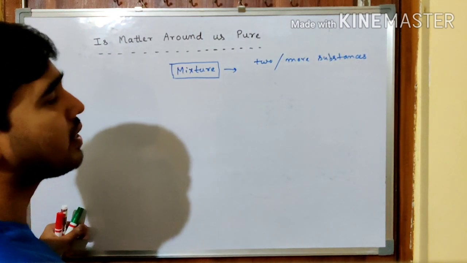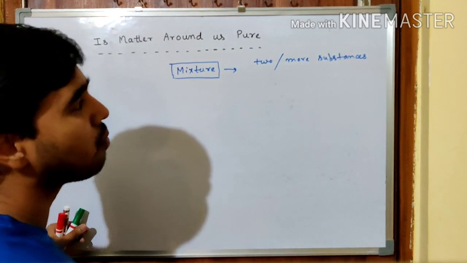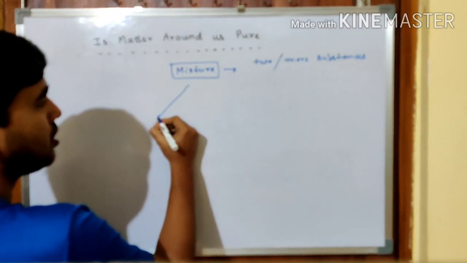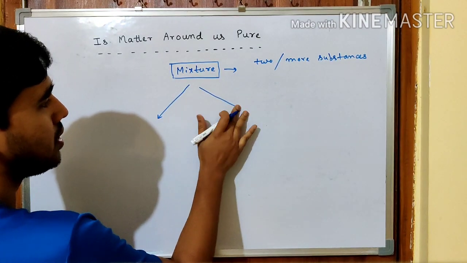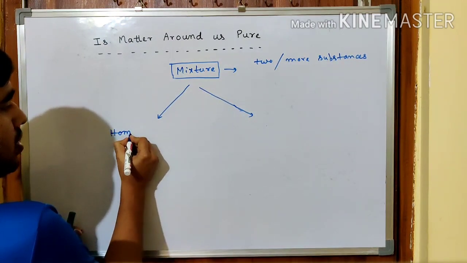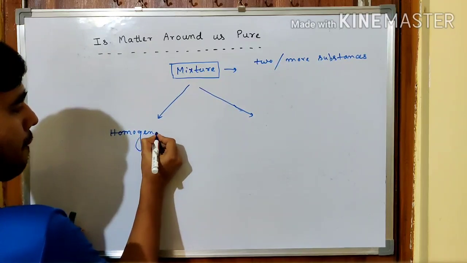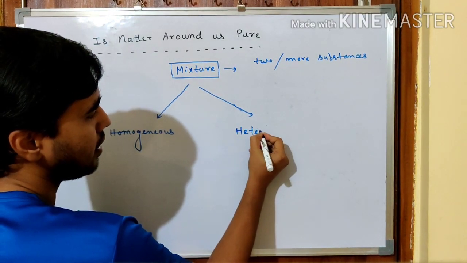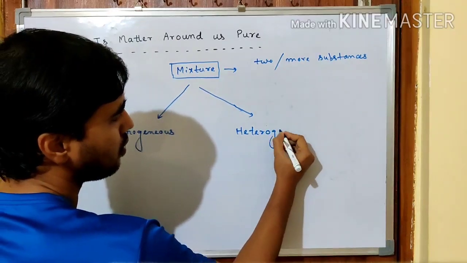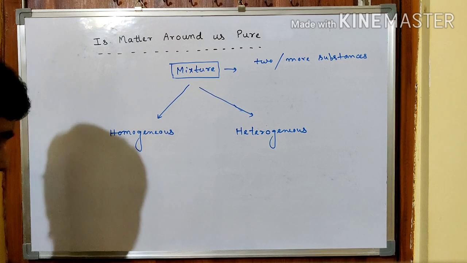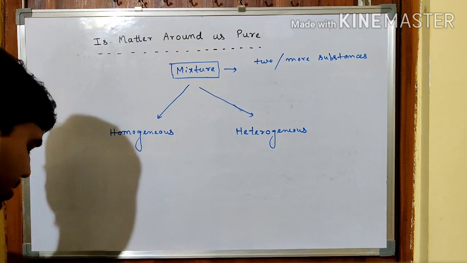So it is not only one type of molecules or atoms, there are two or more substances. And if you are talking about the classification of mixture, mainly it is being divided as homogeneous and heterogeneous mixture. Now, what is a homogeneous mixture?